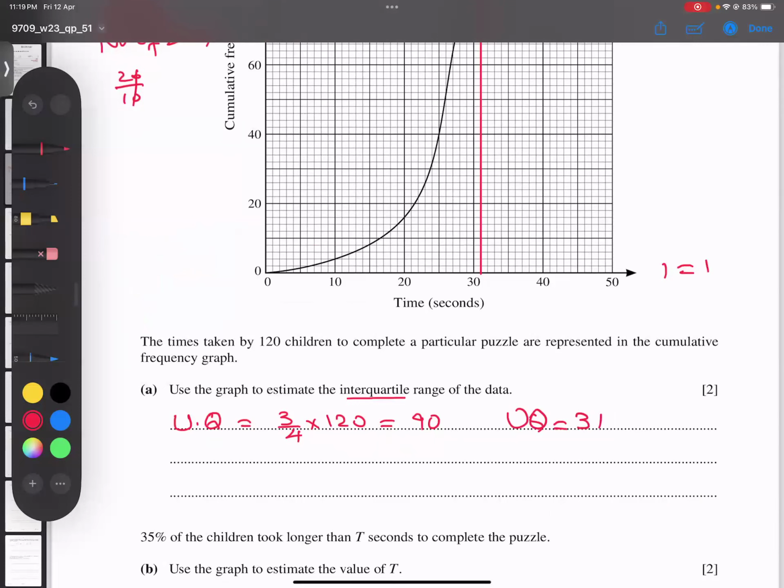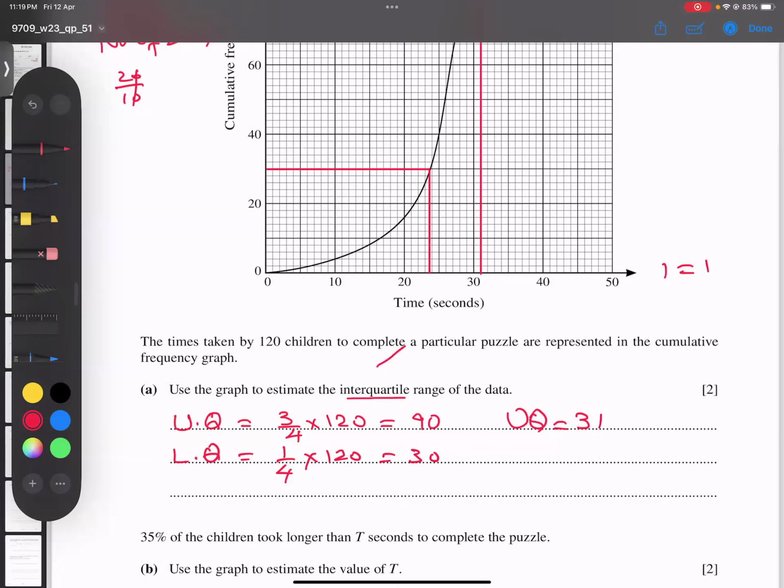Now, students, let's talk about the lower quartile. Lower quartile is 1/4 of the total frequency 120, so we get 30. And where is 30? Here. From 30, I draw a straight line across and meet the curve here.